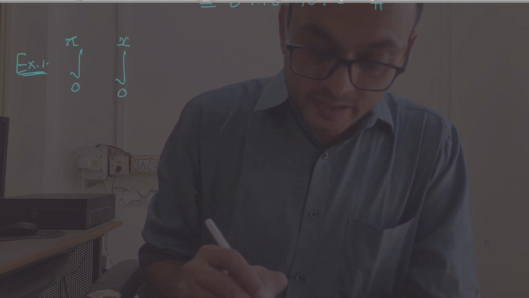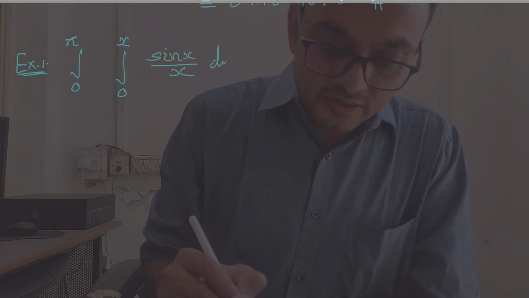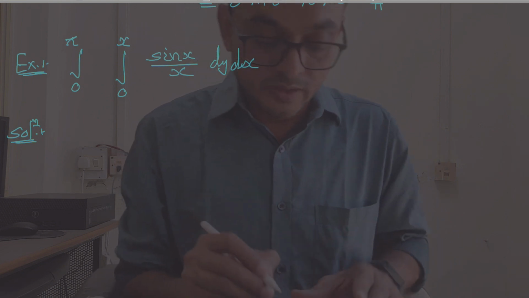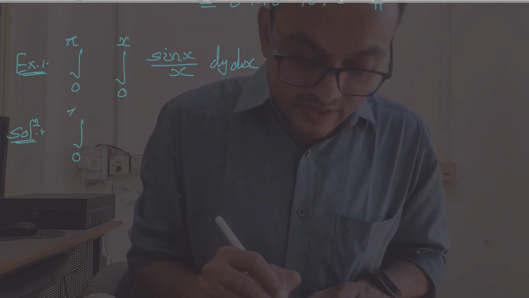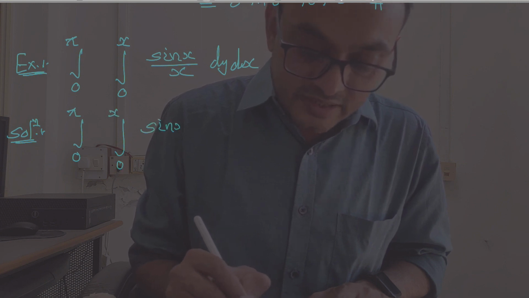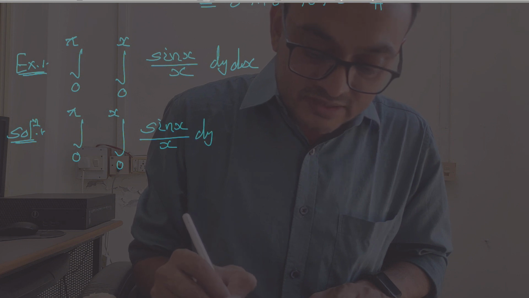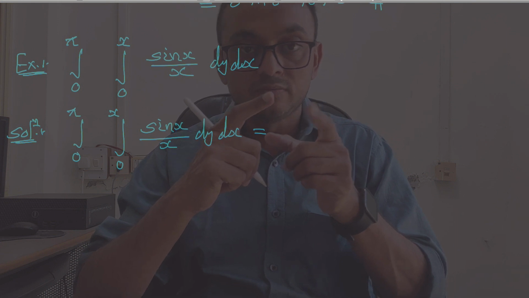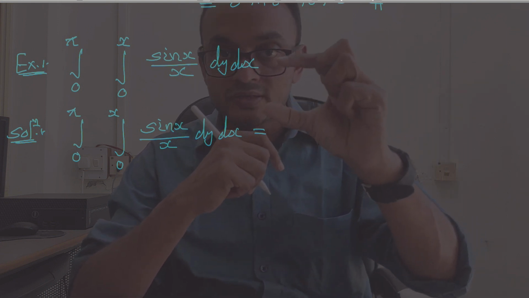Integration 0 to pi, integration 0 to x, sin x upon x, dy dx. How do we start? The left hand side, 0 to pi, 0 to x, sin x upon x, dy dx is equal to, what we have written? 0 to pi, 0 to x.